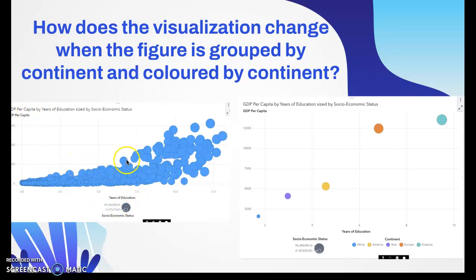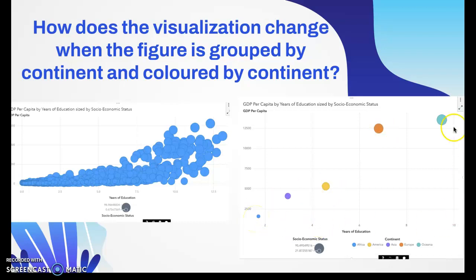And there's a lot more visual data in this. And then when it's colored by continent and grouped by continent, you can see that it is more distinct. And Oceania is up here, followed by Europe, followed by America, followed by Asia, and then followed by Africa.